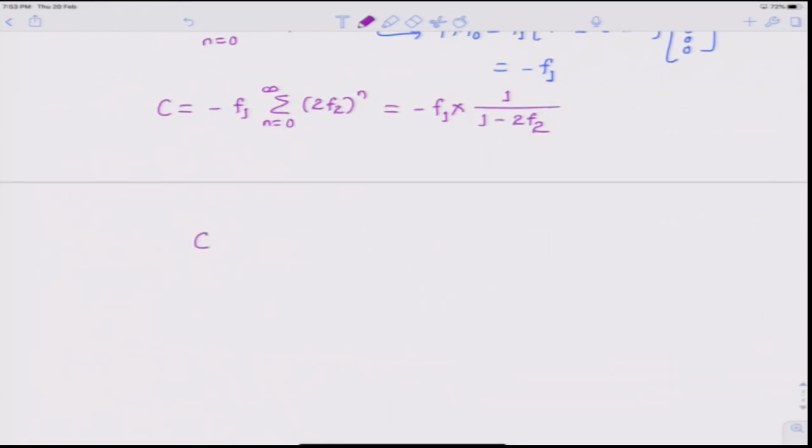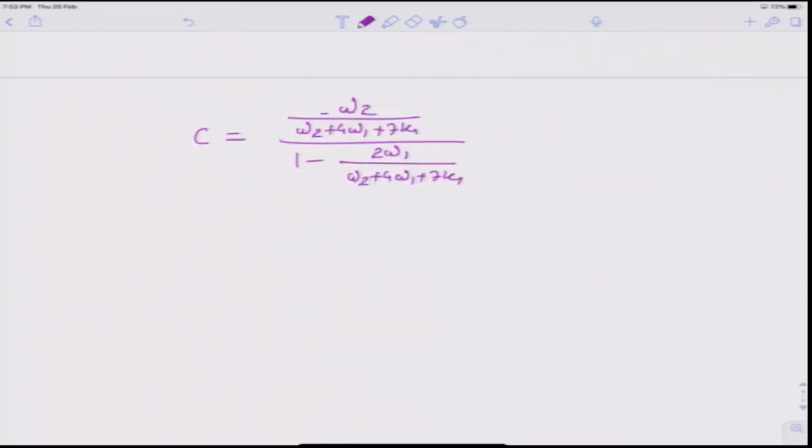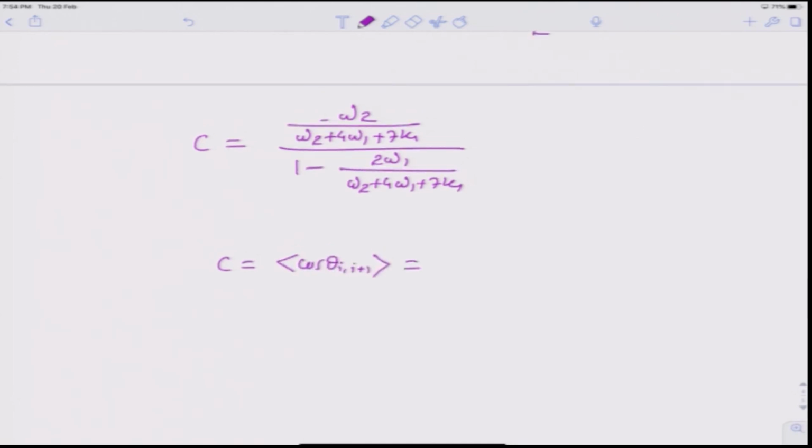If we substitute, we get C, which is nothing but cos of theta I plus 1, the average over all atoms, should be equal to minus omega 2 divided by omega 2 plus 2 omega 1 plus 7 K1.